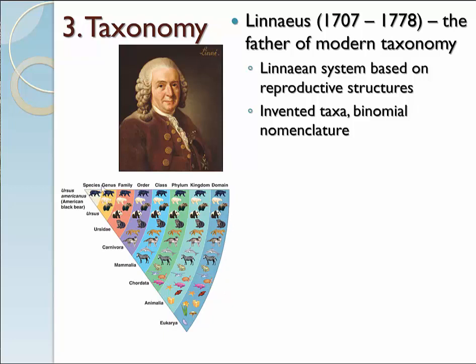So species or individuals within a species are most closely related, but they're also related to genera with related species. And so, for example, in the genus Ursus, there are black bears, there are grizzly bears, there are polar bears, and other types of bears.